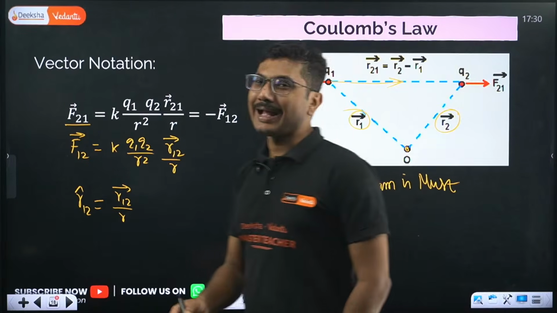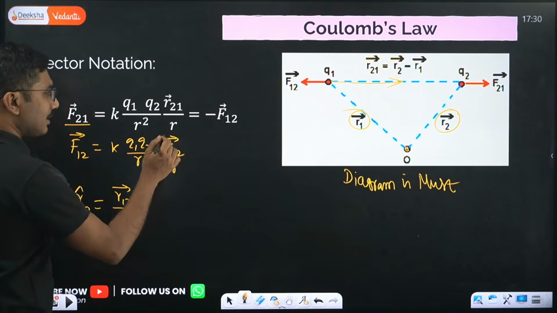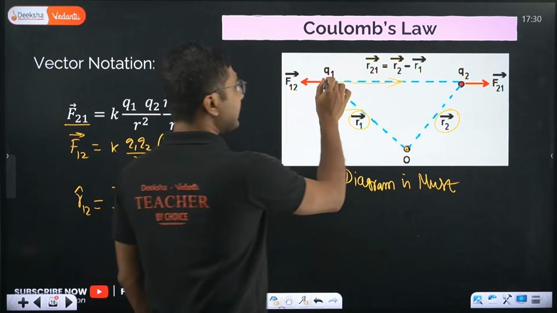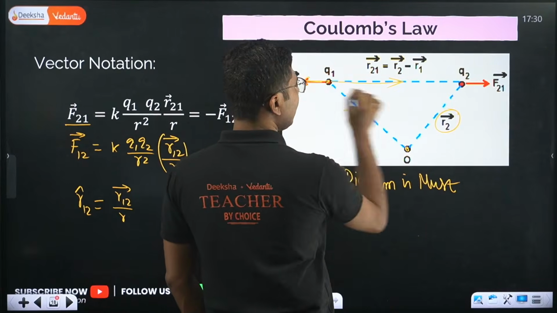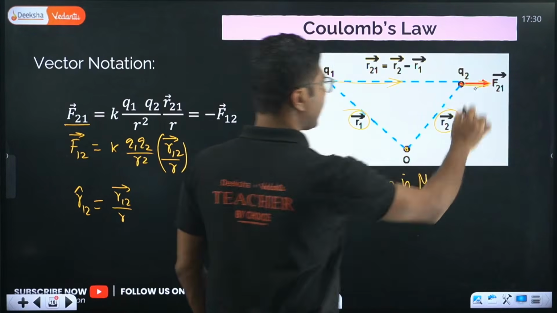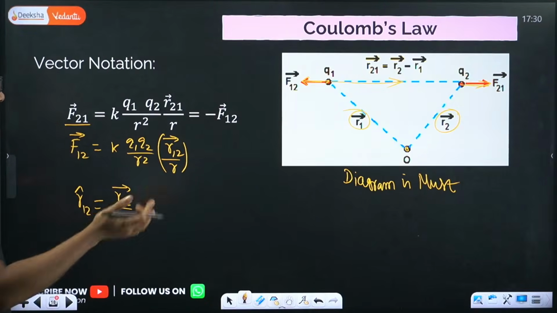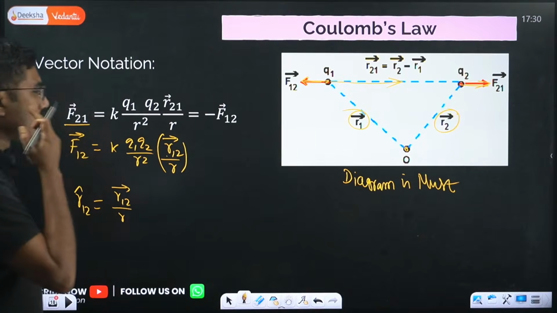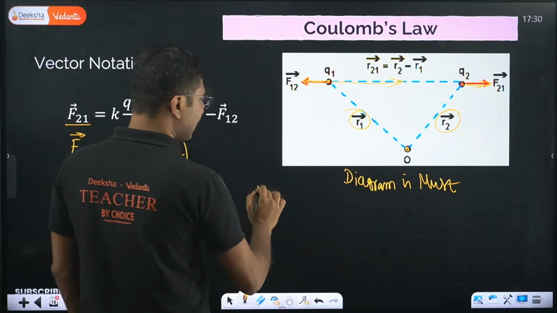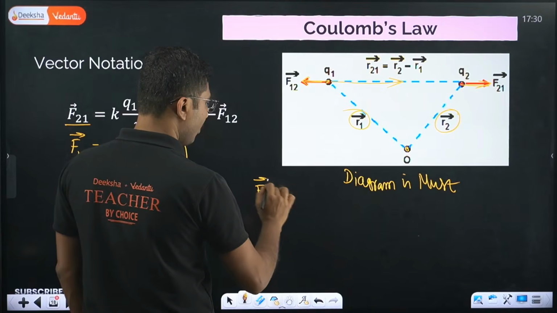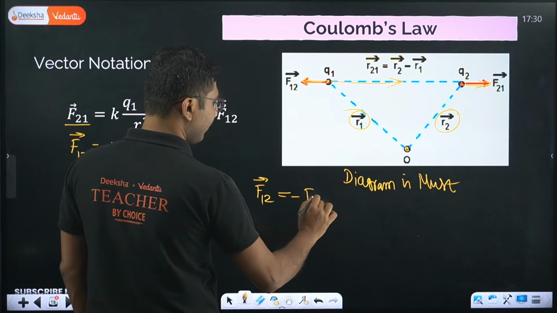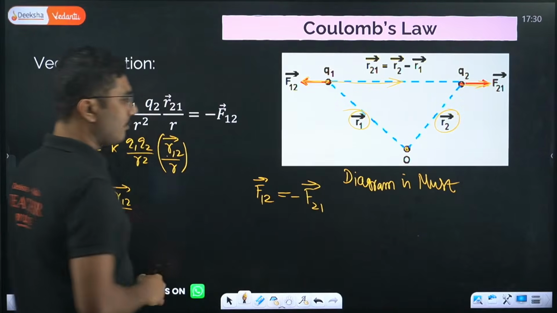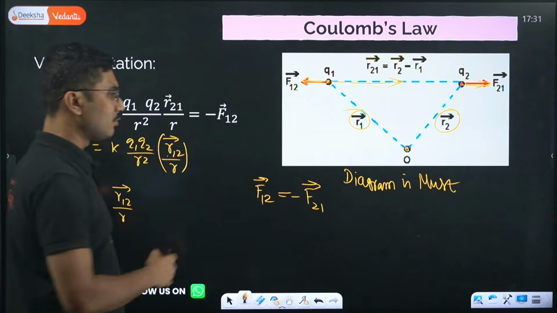Now remember that for this one it is pointing in this direction, for this one it is pointing in this direction. That is why the sign is opposite for the unit vector. That means we can write very simply F12 is equal to minus F21.